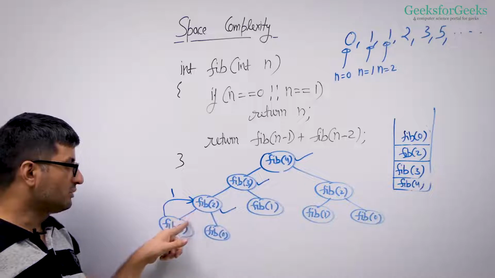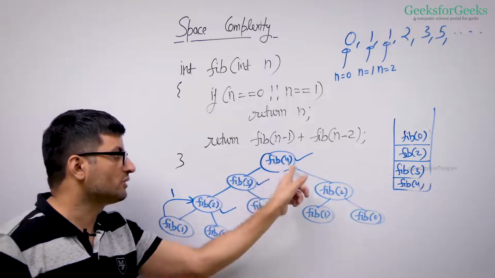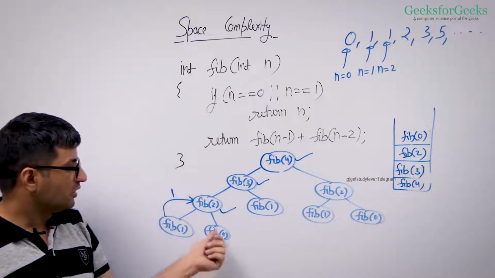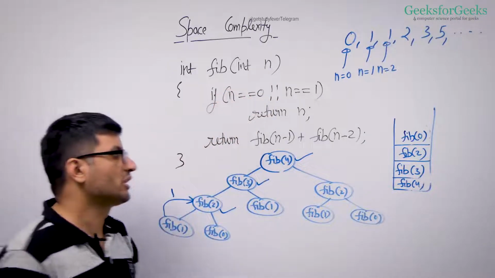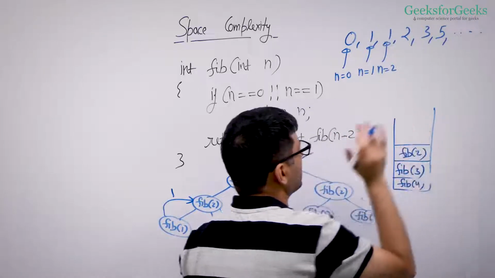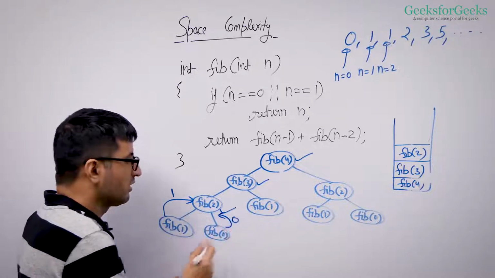One moment you have these many function calls, then these many, and then these many. So Fibonacci 0 begins its execution, goes into the base case, returns immediately, and goes out of the recursion call stack as well. It returns 0 to its parent.